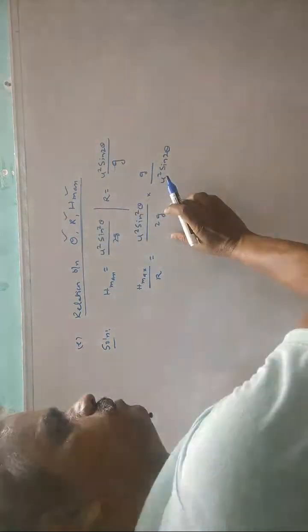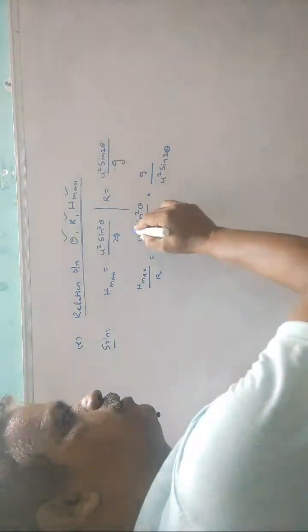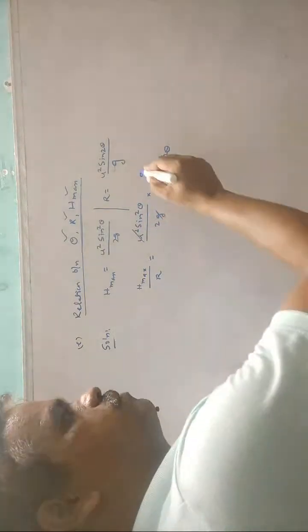This is the first term, this is the reciprocal of this one, u square by u square, g by g.